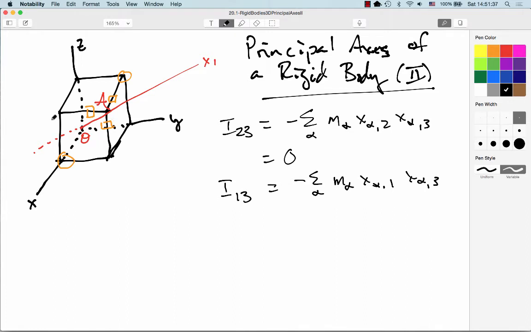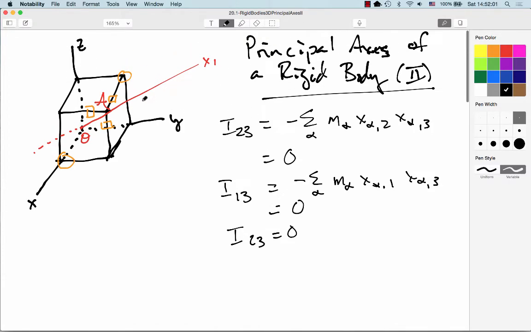They'd have to be negative of each other, again, regardless of how we orient our x2 and x3. So they would have to cancel. So we can conclude that I13 is 0, and by the same token, we can also conclude that I12 would be equal to 0 for this choice of principal axis.